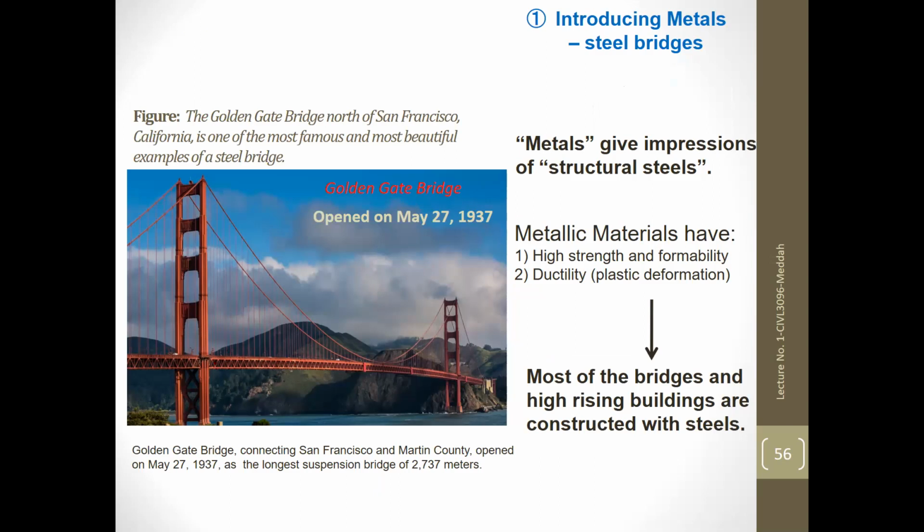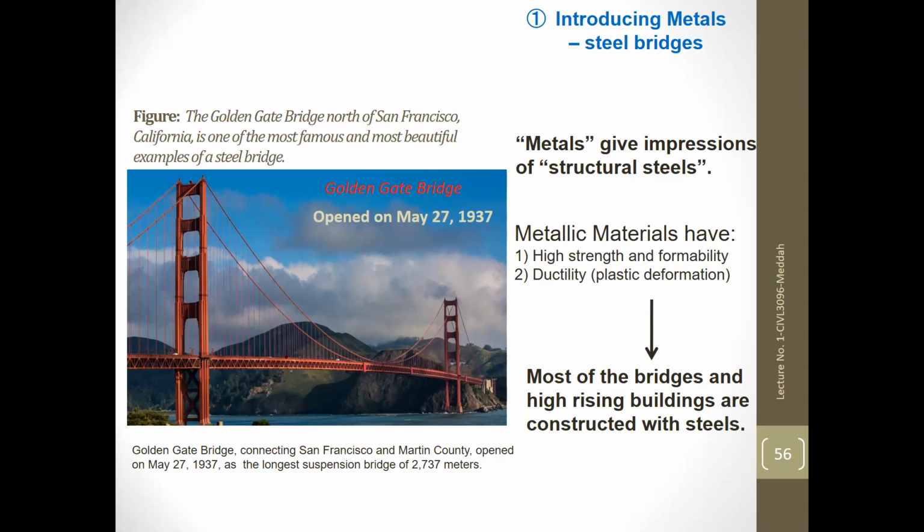Many bridges are constructed using metals, and especially in the past, most of the bridges were constructed using metals. But now, of course, we have many more bridges made with concrete than with metals. This is for a different reason. We can discuss it on other occasions and in other topics.